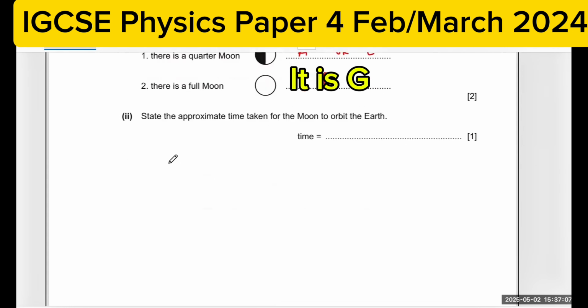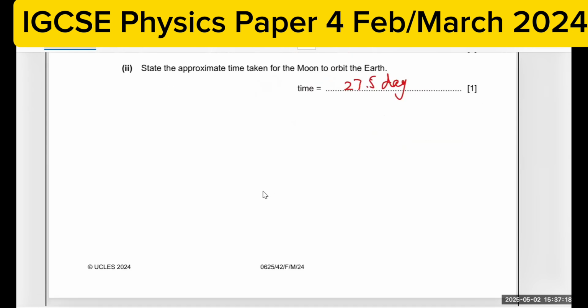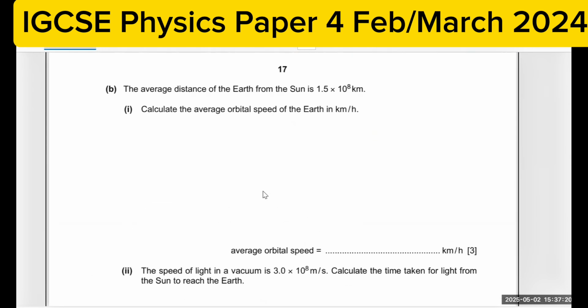State the approximate time for the moon's orbit around the earth. The actual time is 27.5 days, or you can write 1 month. The average distance to the sun is given. Calculate the orbital speed. This is the value of r, and we need the answer in kilometers per hour, so there is no need to change kilometers to meters. The speed is equal to 2 pi r over t.